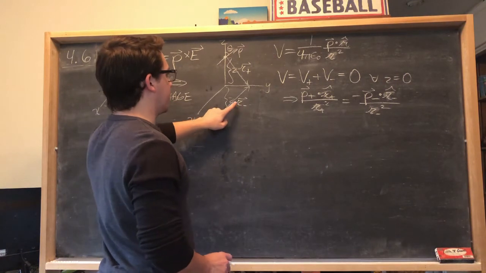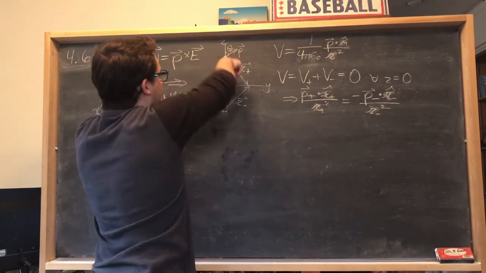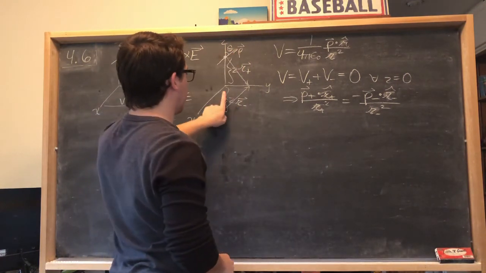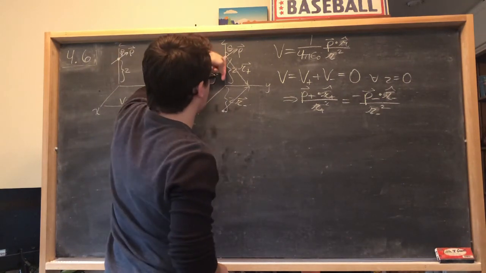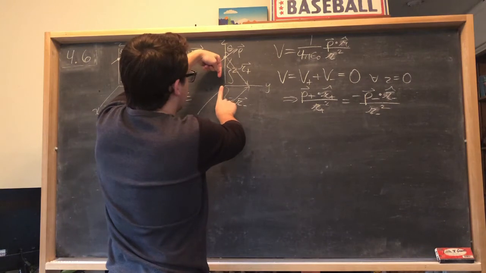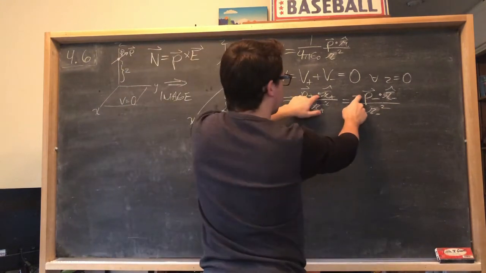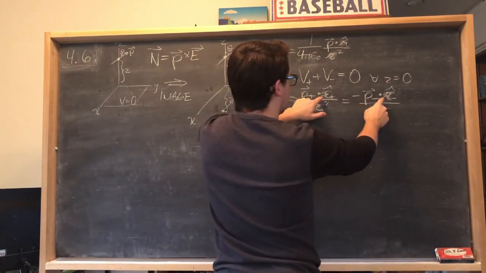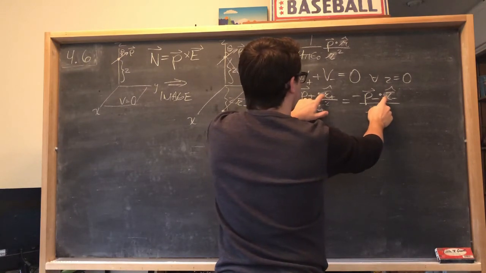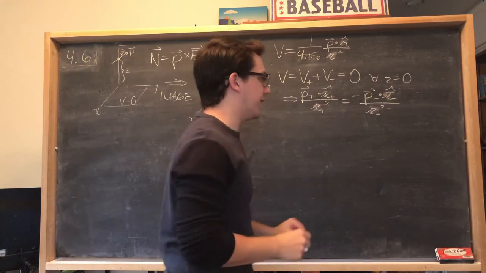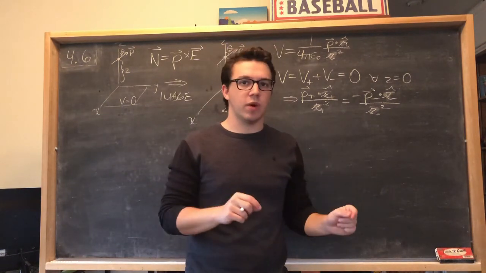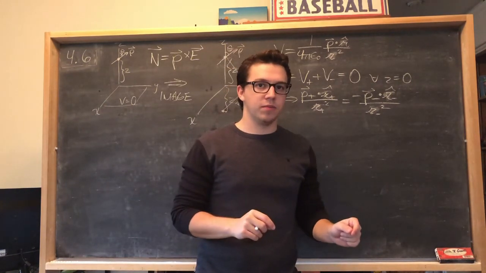But clearly, our script r's have opposite z hat components. The z hat component of this one is pointing directly upward. The z hat component of this one is pointing downward. And so the negatives, therefore, for the z terms, are coming from the separation vector, not from the dipole moment, which tells us, therefore, that the dipole moment has to be in the same direction in z.